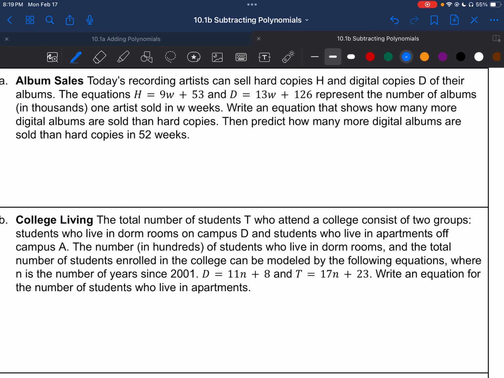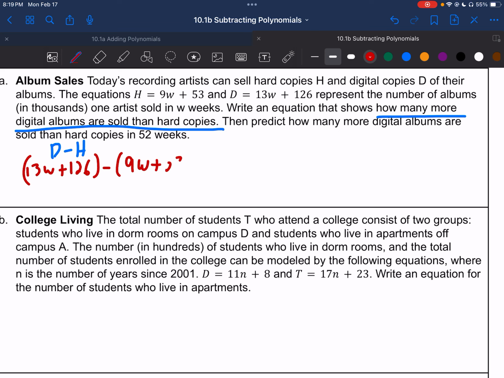So let's start off. We need to do digital minus hard copies. That's going to get our difference that we're being asked for, right? So we want to know how many more digital albums are sold than hard copies. So digital minus hard. So our digital albums are 13W plus 126. And we're going to subtract our hard copies, which is 9W plus 53.